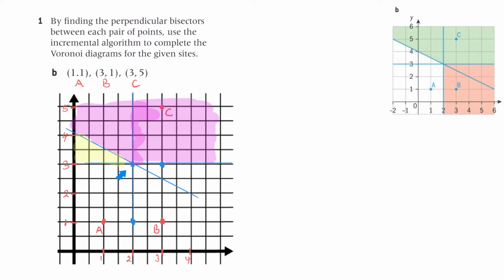And this area here is closer to A than it is to B, so that's going to be an A. And then this area here is closer to B than it is to C. And this area here is closer to B than it is to A.